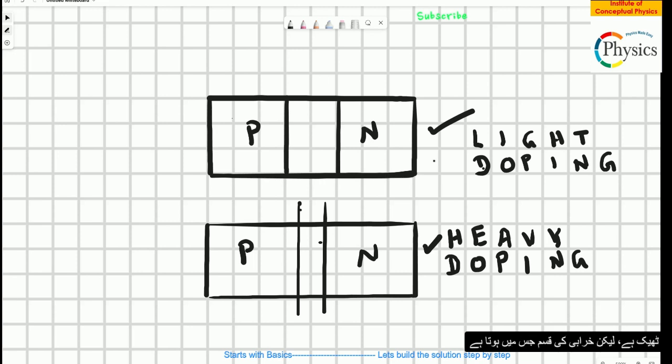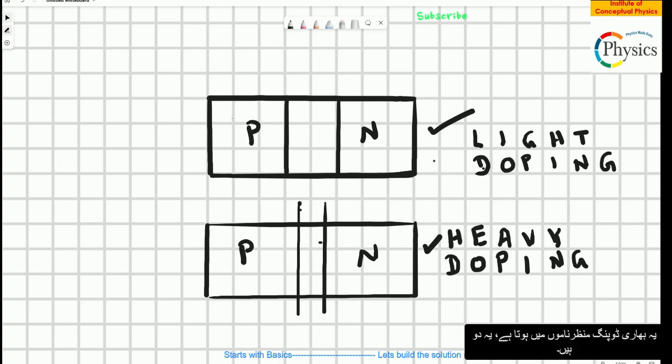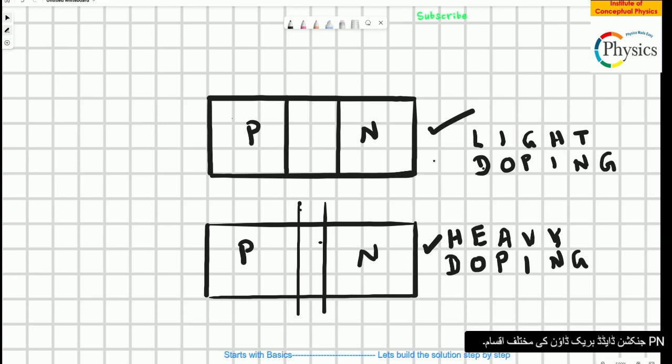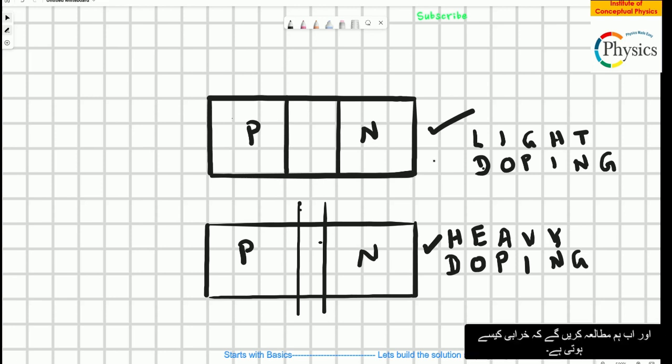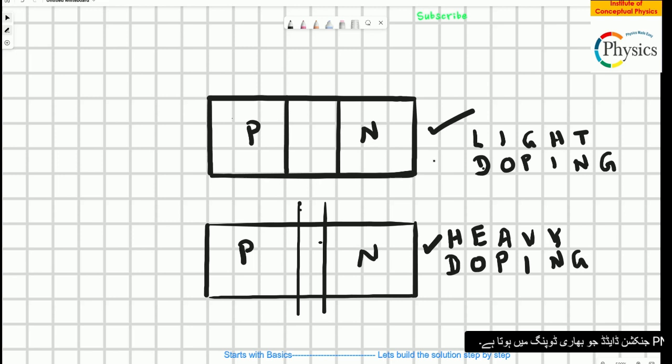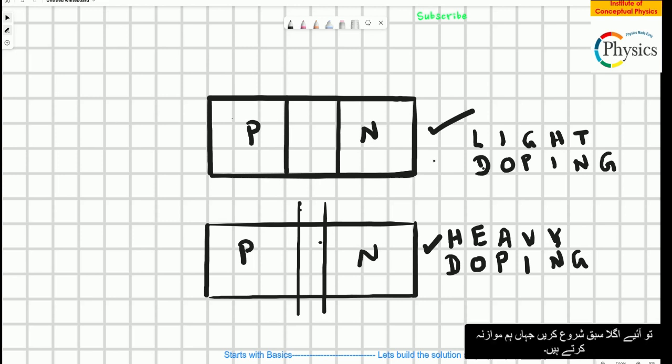But the type of breakdown which happens in light doping, the way it happens, and the way it happens in heavy doping scenarios, these two are different types of PN junction diode breakdowns. And we will study now how the breakdown which happens in a light doping compares with the breakdown of the PN junction diode that happens in the heavy doping. So let's start the next lesson where we compare the details of breakdown in light doping scenario and the details of the breakdown in the heavy doping scenario.